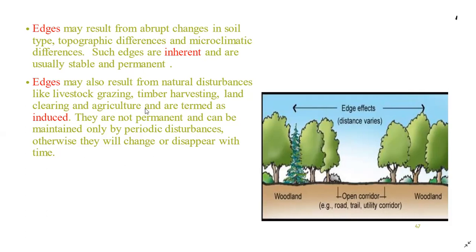While there is another kind of edge that may be induced. Like in agriculture, we practice induced edging. We maintain a proper distance between two individuals of the same species. So this is called induced edging. Examples include timber harvesting, land clearing, agriculture, livestock grazing, etc. There is also something called pattern grazing.